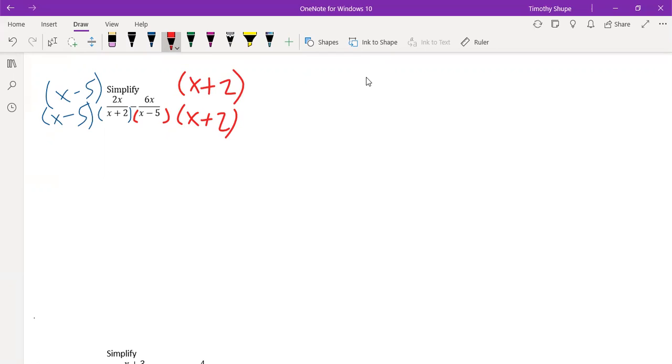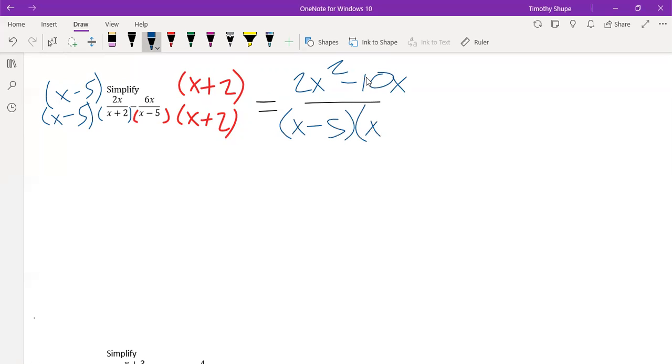So if I go ahead and multiply out the numerators, I have in the first fraction a 2x squared minus a 10x, and then over the denominator of x minus 5 and x plus 2, because that doesn't change.